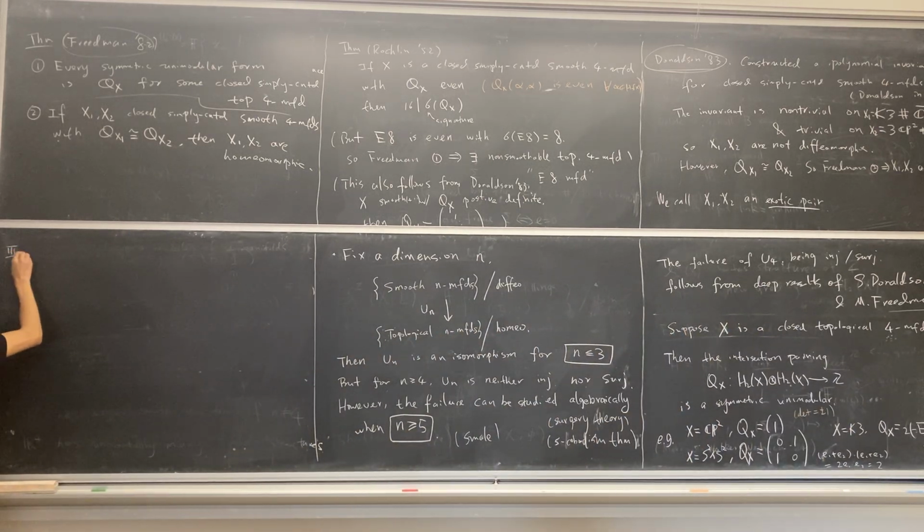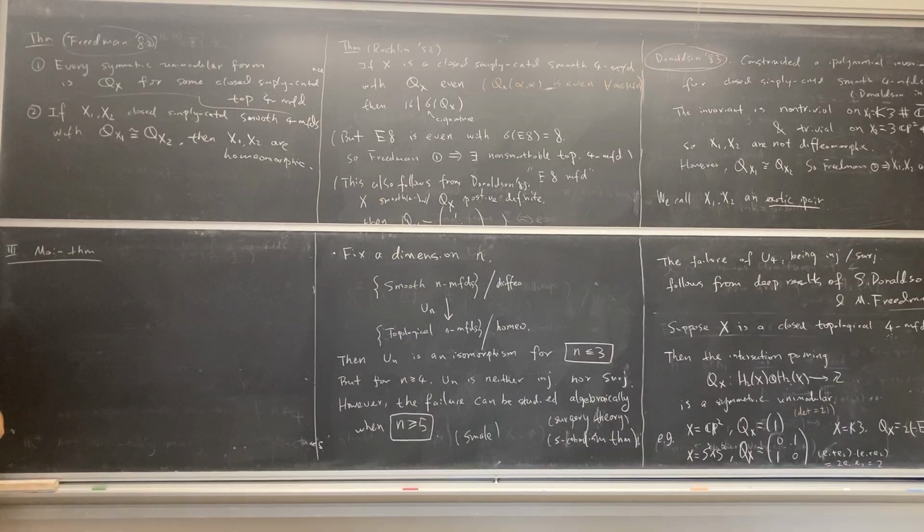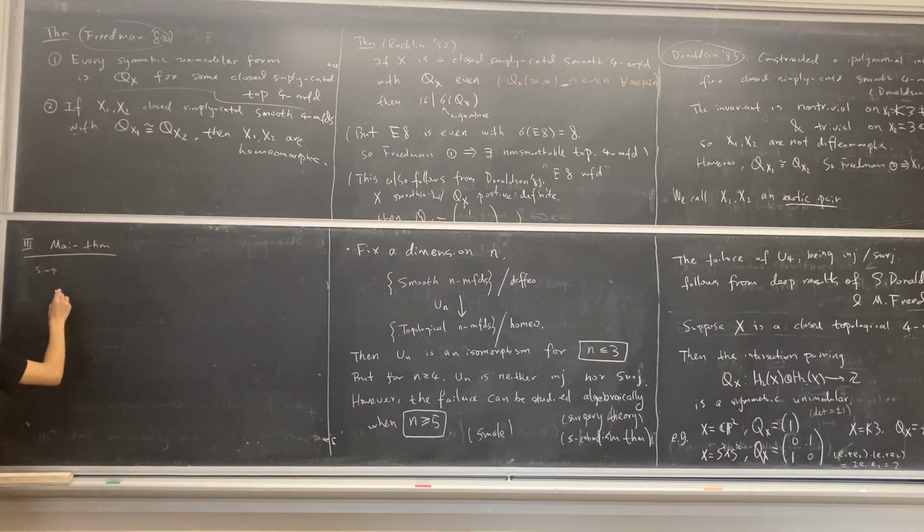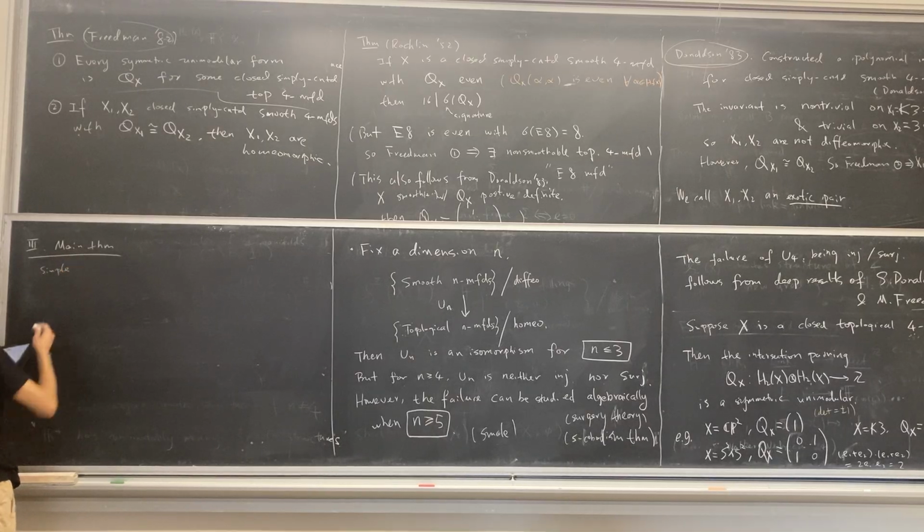So let me state the main theorem of our earlier paper. But before doing that, since this is not a topology seminar, I'm going to introduce some simple ways of constructing four-manifolds, so I can state my main theorems without ambiguity.